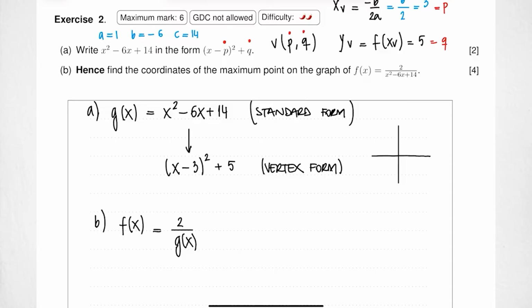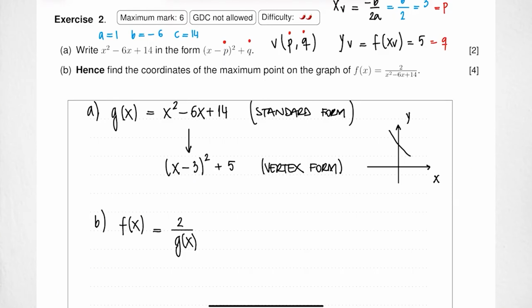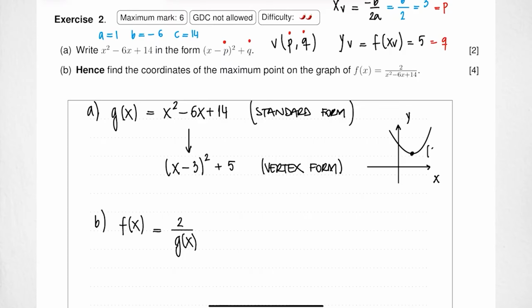Now, it is important at this point to go back to exercise A and to analyze the quadratic, the curve that we got. If you were to plot it, given that the x value of the vertex is 3 and the y value is 5, you could represent it like this, and we know it's concave up because the coefficient a is positive. Therefore, we have a minimum point, which is the vertex right here.